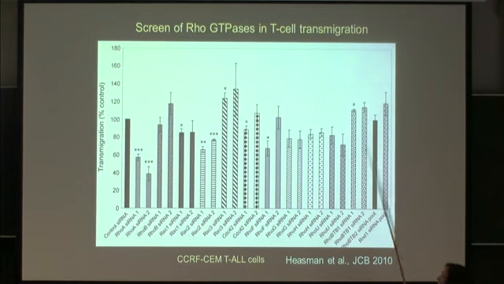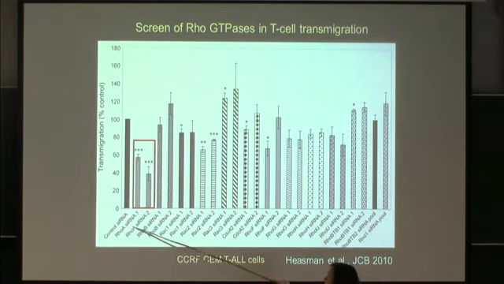So for T cells, what we did was we had all these different small interfering RNAs against Rho A, Rho B, Rho C, whatever, and reduced the level, and then we looked to see which ones affected the ability of the T cells to cross the endothelial cells. And you'll see from this that the strongest effect was observed with Rho A, but RAC2 also had an effect.